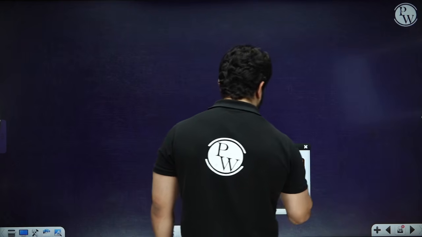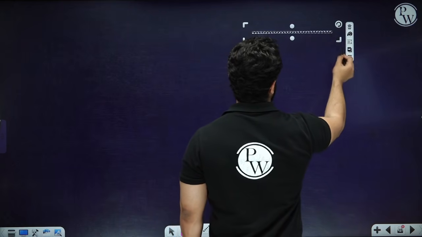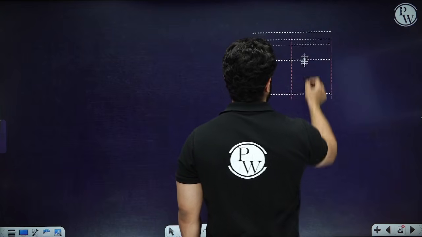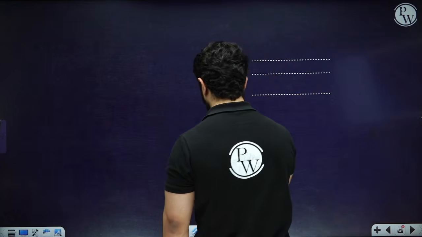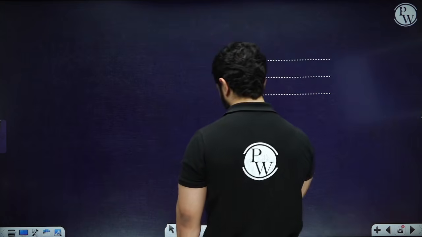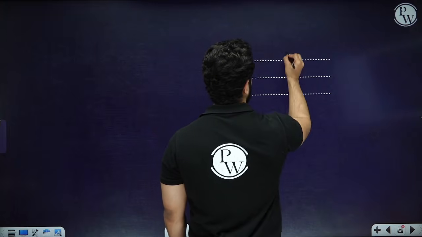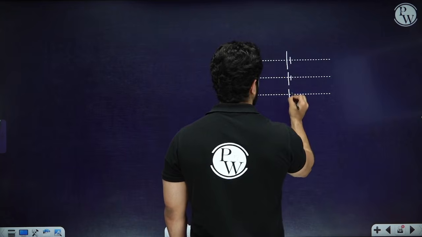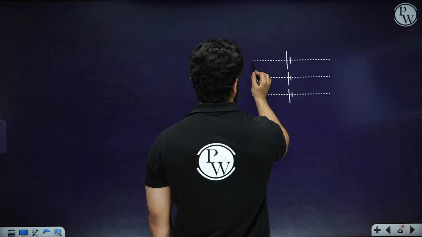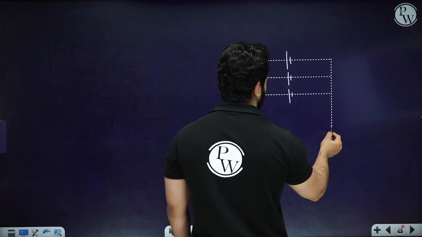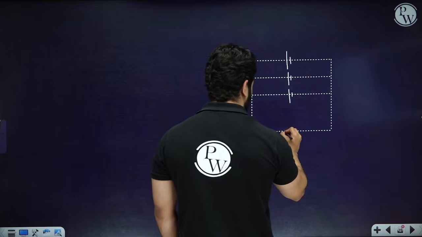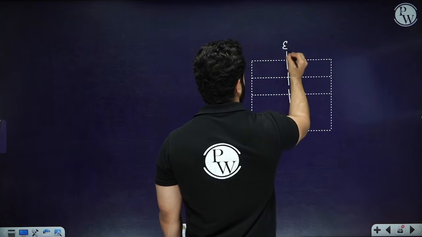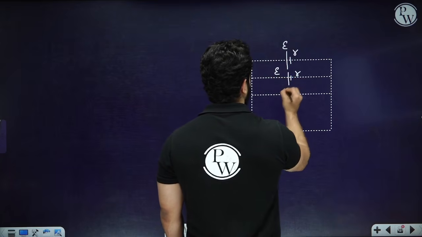Next is parallel combination. So think about it, if you have got something like this, if this is one of the branches, let's say you have got E1, E2 and E3, and first let's suppose all the batteries have the same EMF and the same internal resistance, and you have got a load resistance over here. So this is also E, r, E, r, E and r.